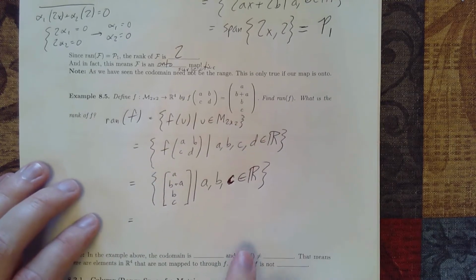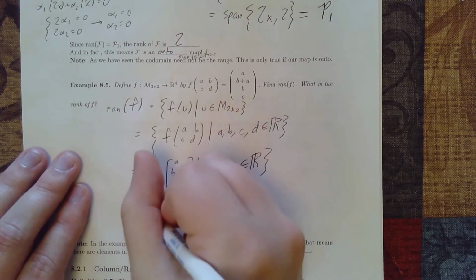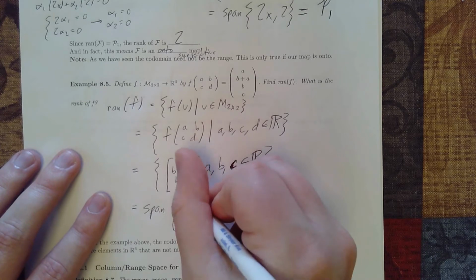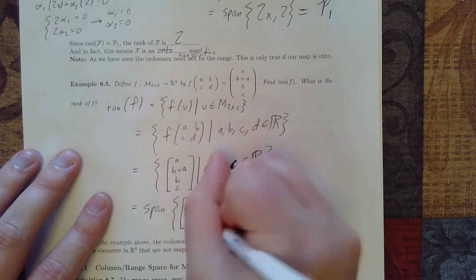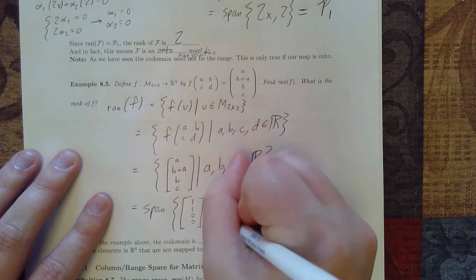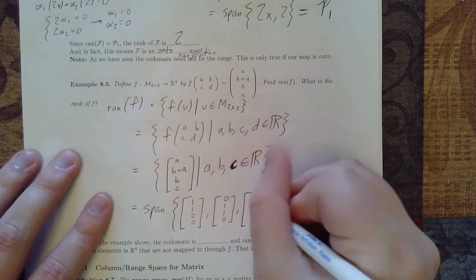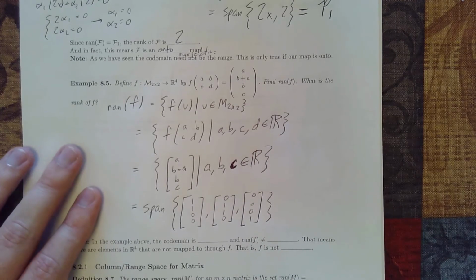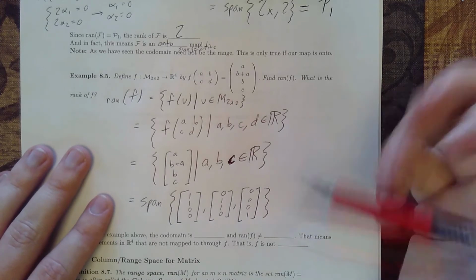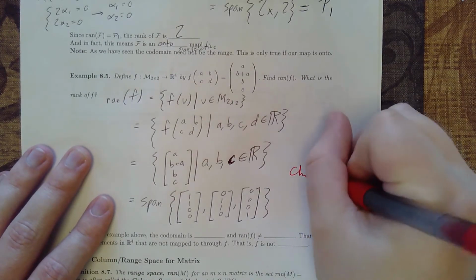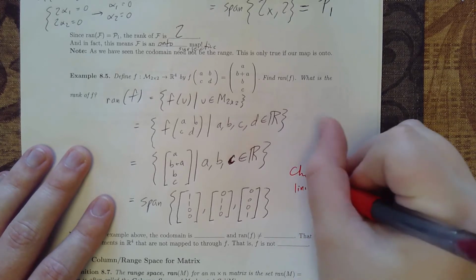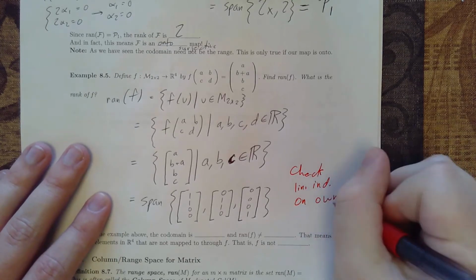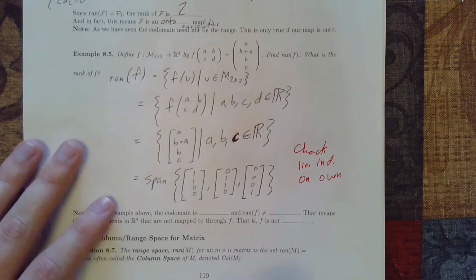Again, we don't have any restrictions at this point, so we're allowed to say that we have a spanning set. So the span of 1, 1, 0, 0, 0, 1, 1, 0, and 0, 0, 0, 1. As a spanning set, we would need to check for a basis, so check linear independence on your own. I'll give you a little bit of a spoiler alert and tell you that this one is indeed linearly independent.